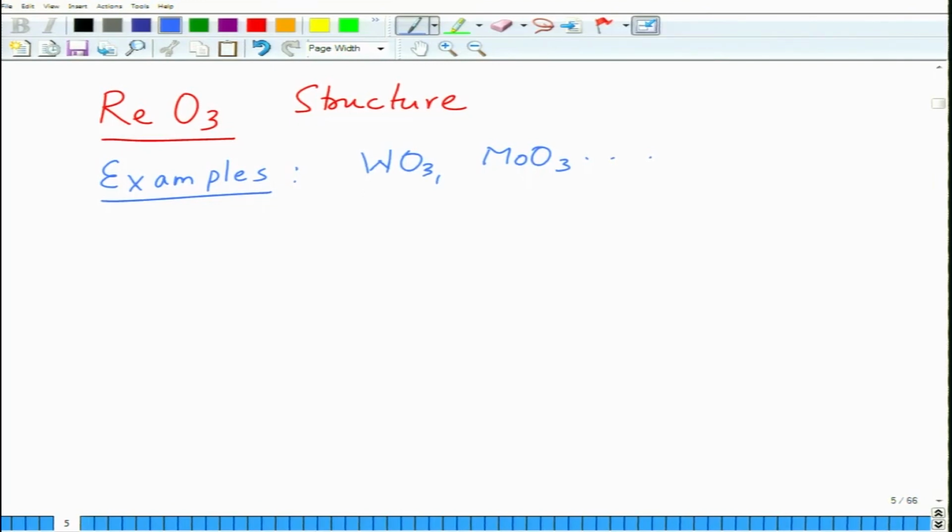So, in this compound, the stoichiometry, as you can see, is MX3, and basically this structure is like this.